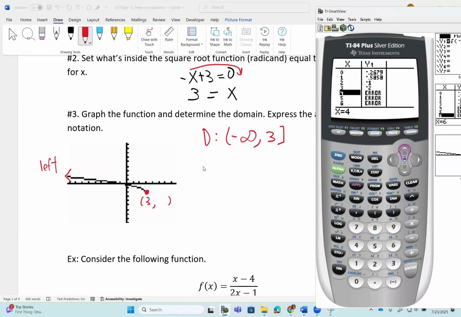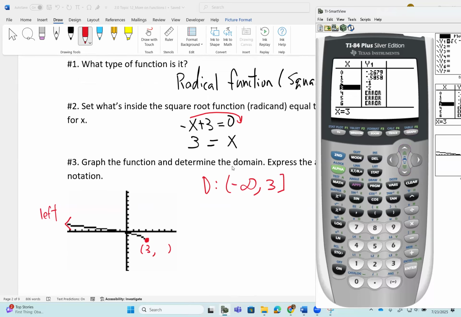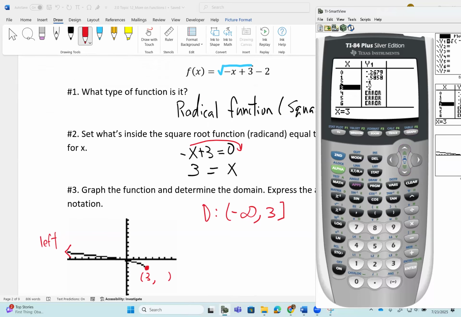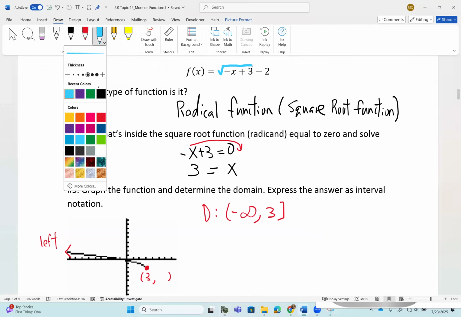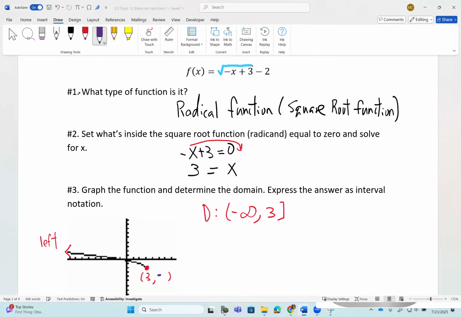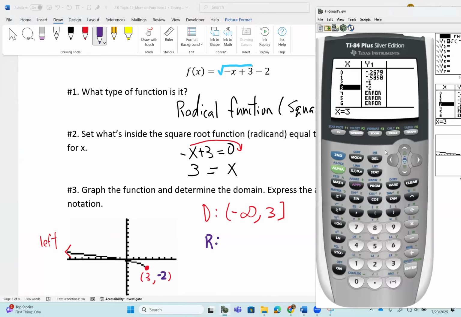you can see when x is greater than 3, the y value says error, because your function does not exist there. As you can see, when x equals 3, that means substitute 3 for x, the y value is negative 2. So in terms of range, this point is the lowest y value, the lowest point on this graph, because as x keeps getting more negative, the y value gets bigger and bigger.